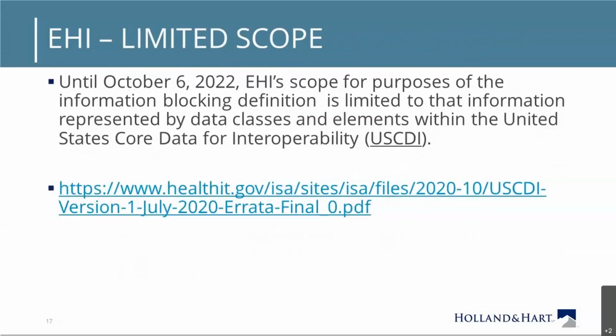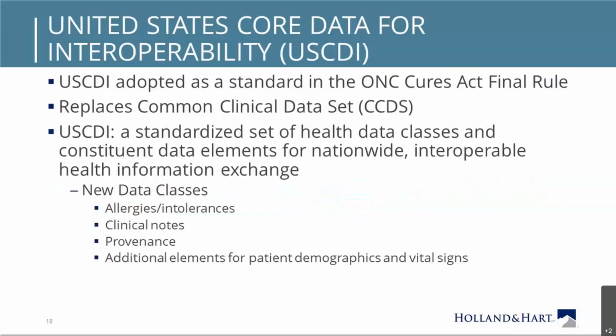Now, there is a limited scope of the definition of EHI that is currently in place until October 6, 2022, and that is limiting EHI for purposes of information blocking to those data classes and elements as they're defined under the USCDI. And I've included a link here to a document that describes those different data classes and elements. There's been some changes. I think we talk about that on the next slide.